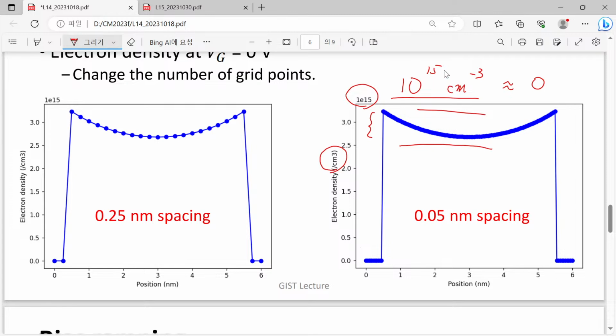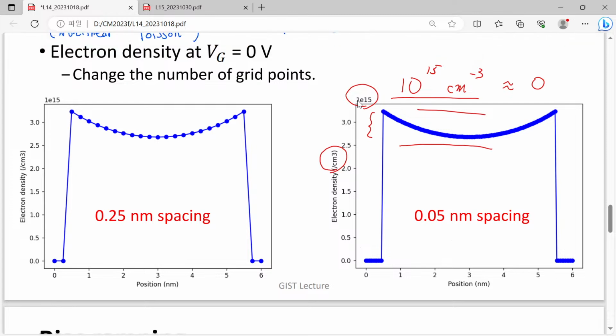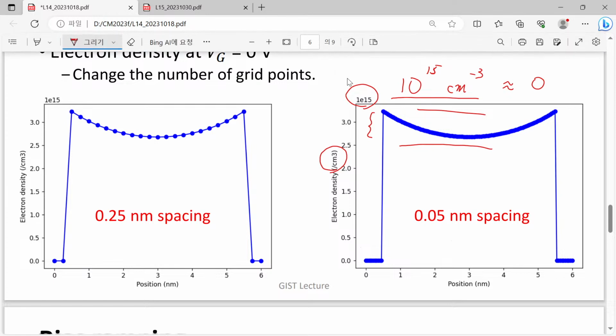Then what is the meaningful value? Inversion is defined as when we have more and more electrons, and the number of electrons corresponds to the doping density. Doping density is typically 10 to the 17, that is small, 10 to the 18, that is moderate, 10 to the 19, this is high but not that high, 10 to the 20, that is high.